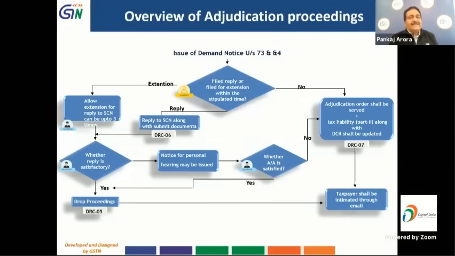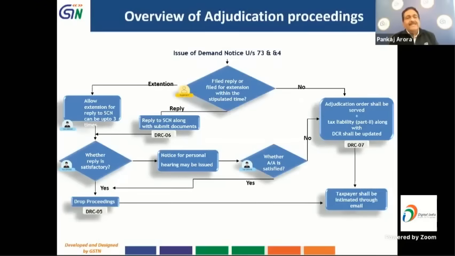After receiving his reply or the request for extension, the proper officer, the concerned tax official, can adjourn the case and give a fresh date for personal hearing. As many as 3 times the hearing can be granted, but not more than that.